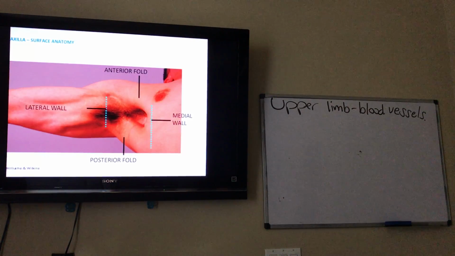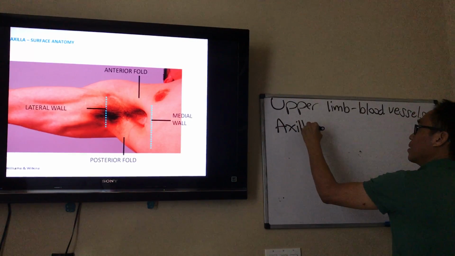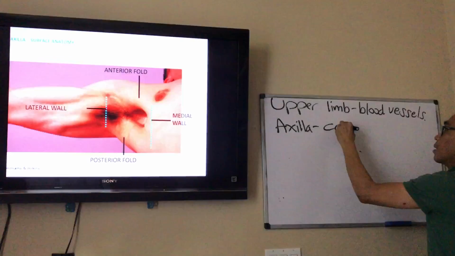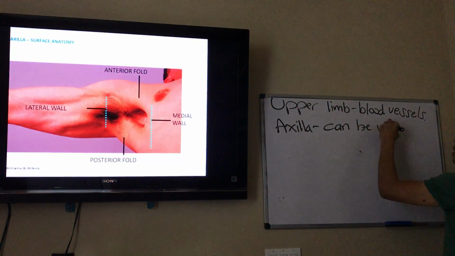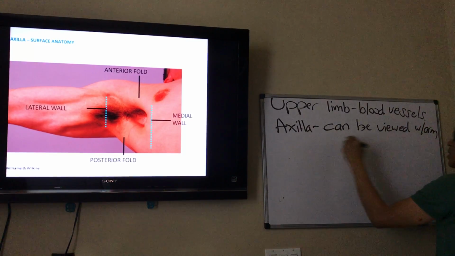In this picture, the man has his arm abducted, and we can view the axilla, which can only be viewed when the arm is abducted. Axilla pretty much means armpit region. It can be viewed with the arm abducted.